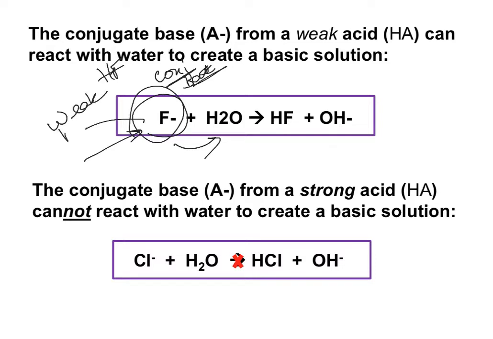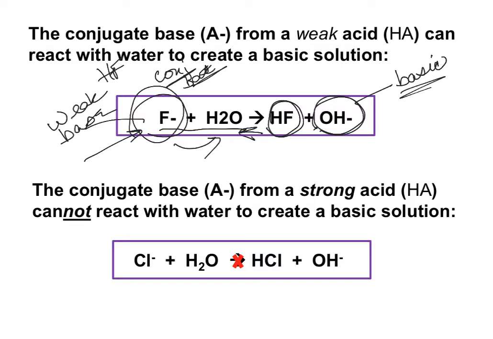Only conjugate bases from a weak acid can change the pH of water. Because look at the reaction. If you add that to water, what do you make? You make the original hydrofluoric acid, but you also make some hydroxide. The presence of hydroxide is going to make the solution basic. This is actually an equilibrium.